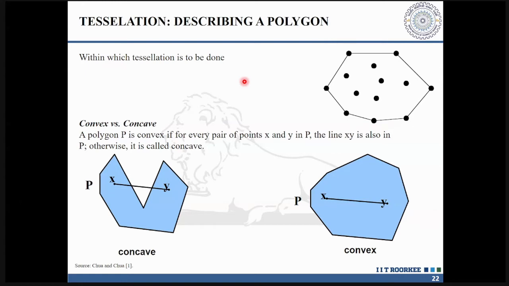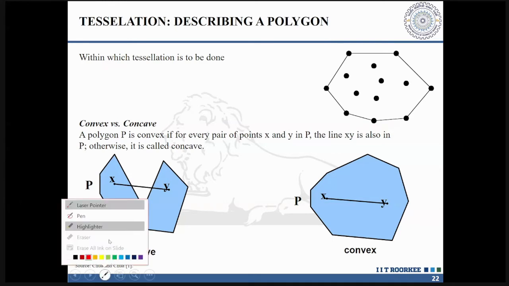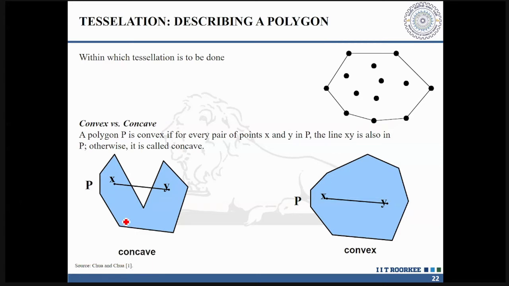Now see, if I take any 2 points in this particular polygon, 1 point, a second point, and join them with a straight line, what you can see is that the whole of the line is lying inside the bound of that polygon. Good.